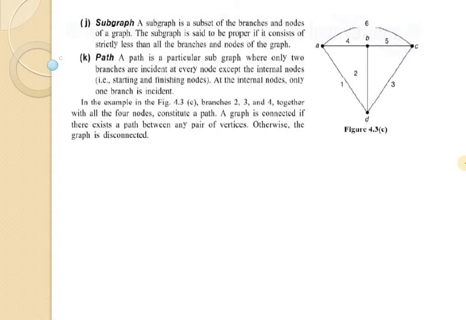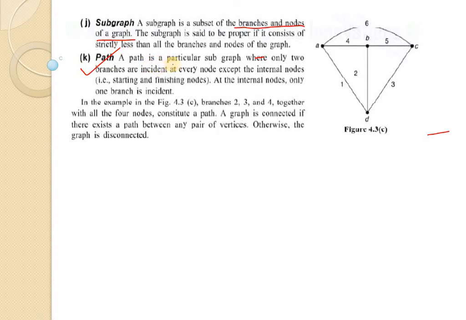A subgraph is basically a subset of the branches and nodes of the graph. The subgraph is said to be proper if it consists of strictly less than all the branches and nodes of the graph.